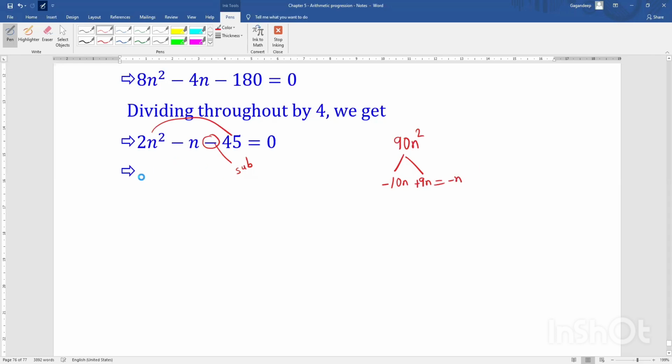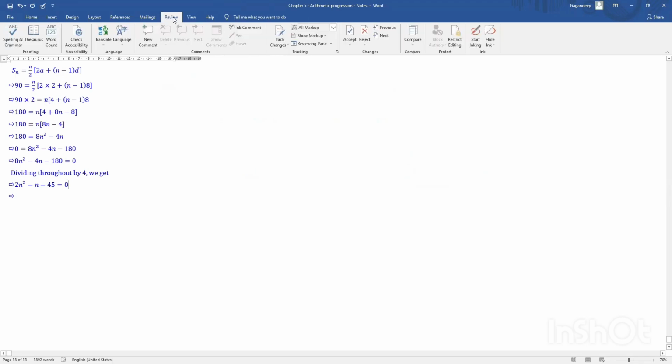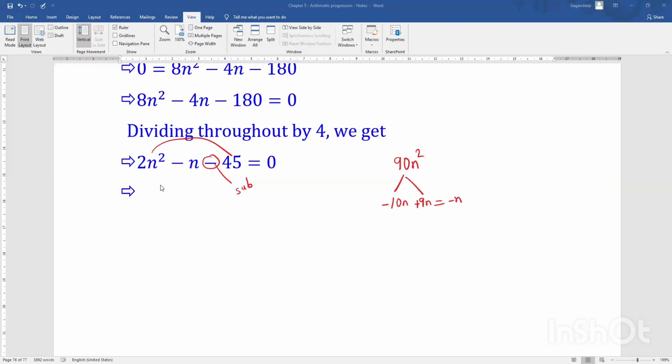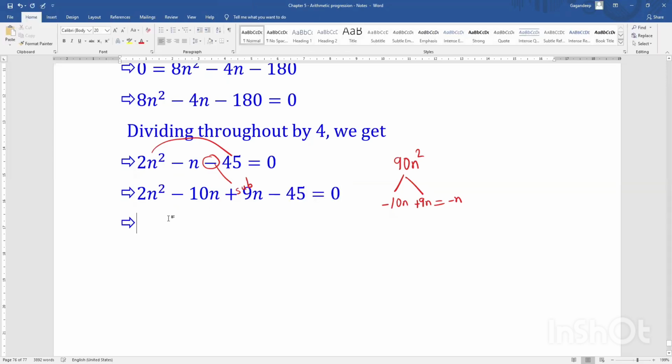Now we have 2n square minus 10n plus 9n minus 45 equals 0. Now I'm going to write down the common factor.